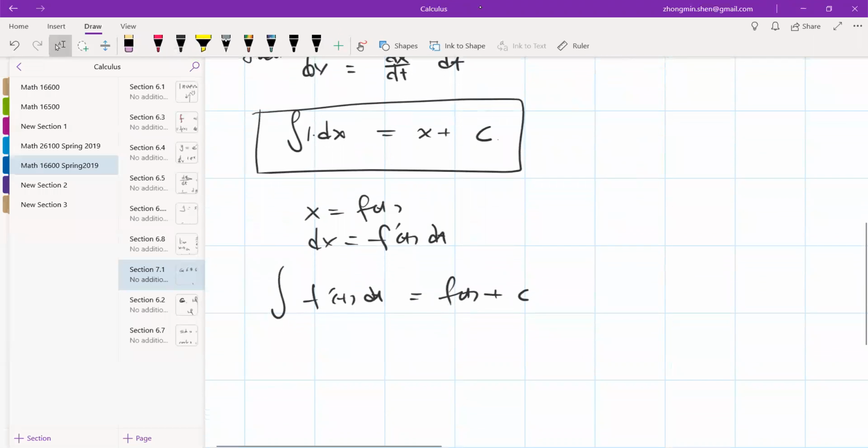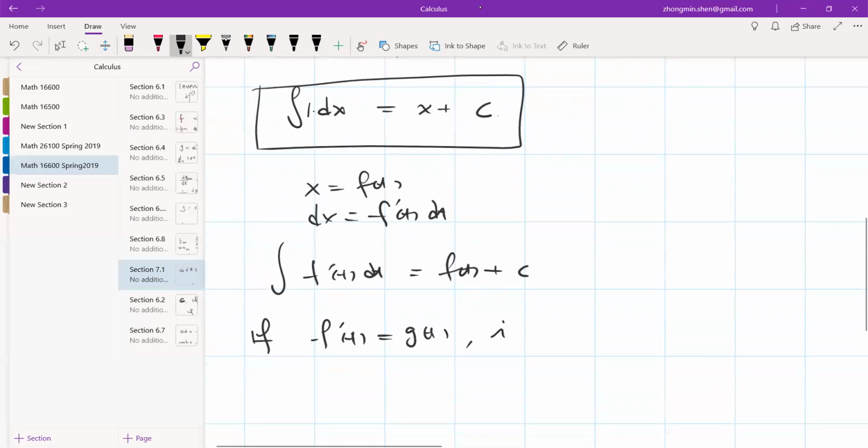I can express this formula in a slightly different way. So if f prime t equals g of t, that means f of t is the antiderivative of g of t, i.e. f of t is an antiderivative of g of t.